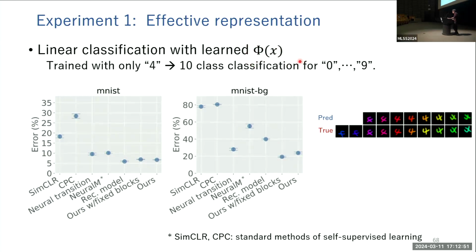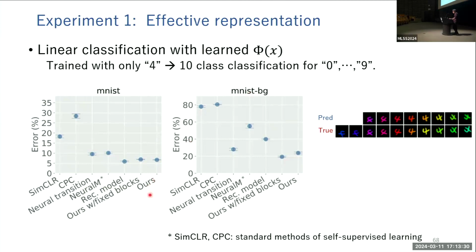If this representation has very effective information on the data, we can expect that a simple linear classification is sufficient to derive a good performance. And we use only the image of 4 in MNIST and make lots of sequences, and train the previous autoencoder type model to extract the latent variable or encoder, and classify 10 classes of digits.